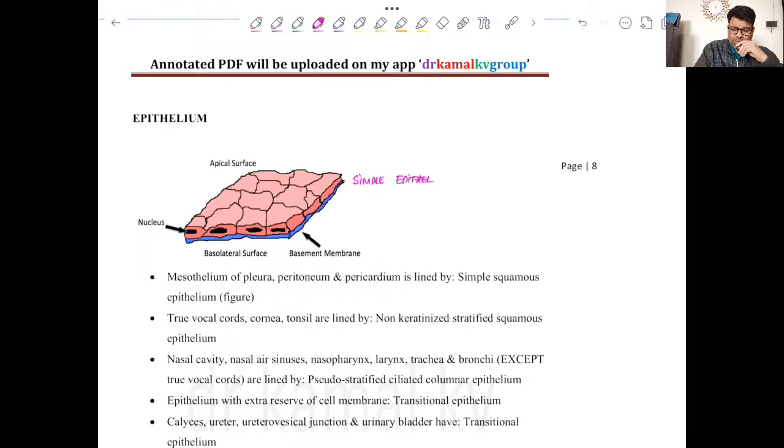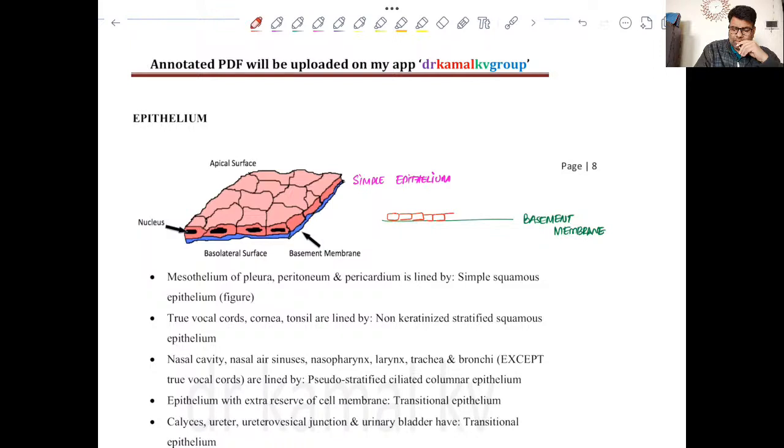Simple epithelium means there is a basement membrane. Clear? So there is a basement membrane on which a single layer of cells is placed. Okay, so there is a single layer of cell.